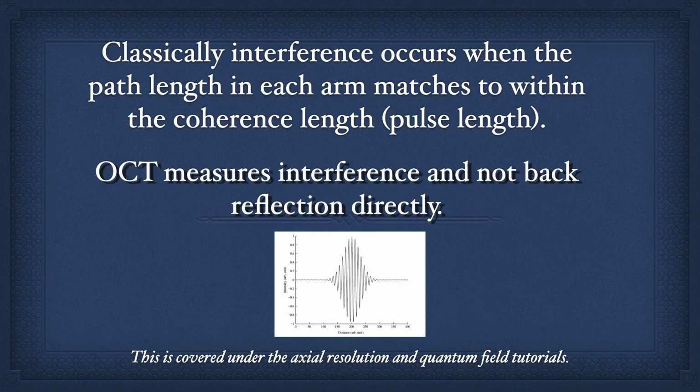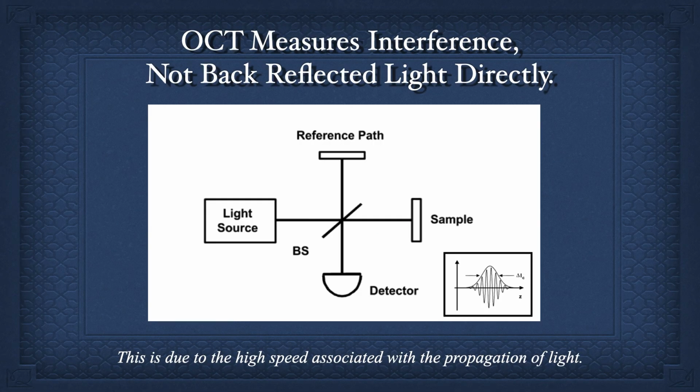Classical interference occurs in an OCT system when the path lengths in each arm match to within the coherence length. And OCT measures the interference, and not actually the back reflection. Let me make that more clear.